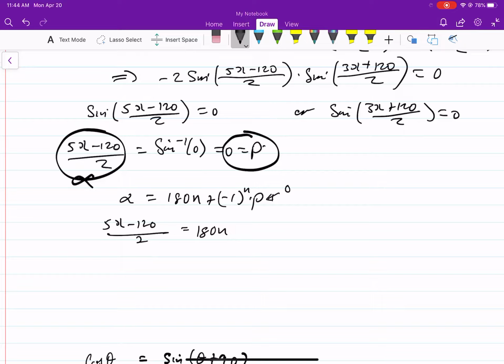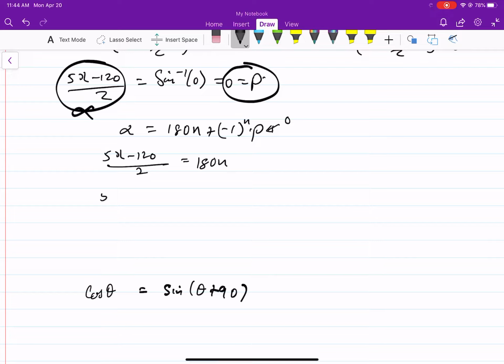So I'm going to solve this for x. 5x minus 120 is equal to 360n. Throw over the 120. 5x is equal to 360n plus 120. I'm going to factor out the 120 and at the same time divide it by 5.